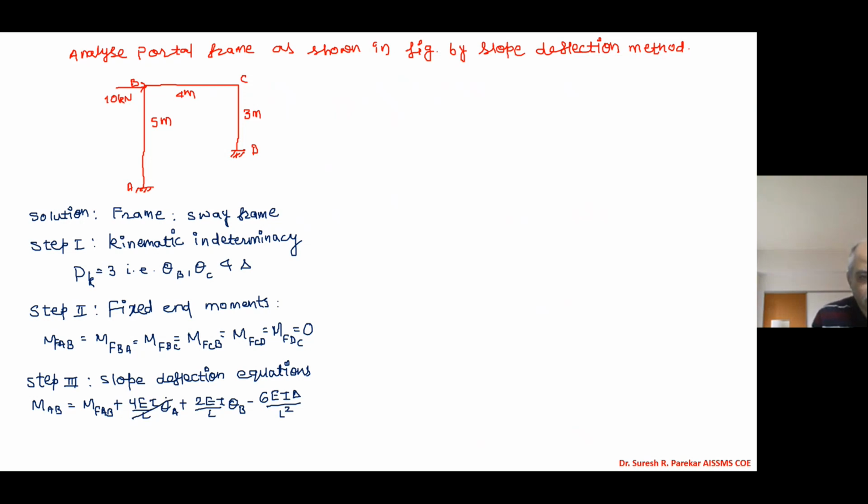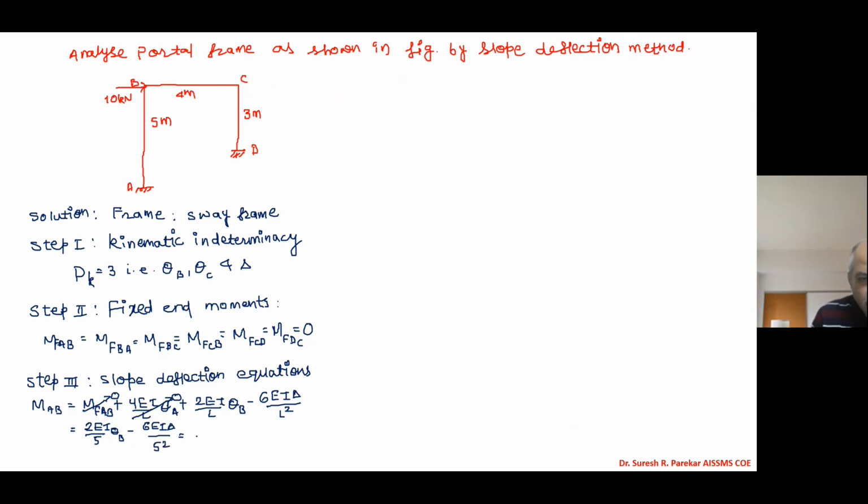And then theta A we have 0, MFAB we have 0. So we have 2EI by 5 theta B minus 6EI delta by 5 square.